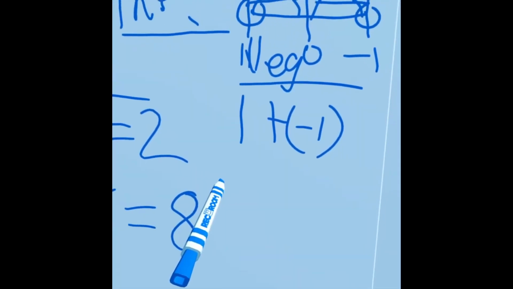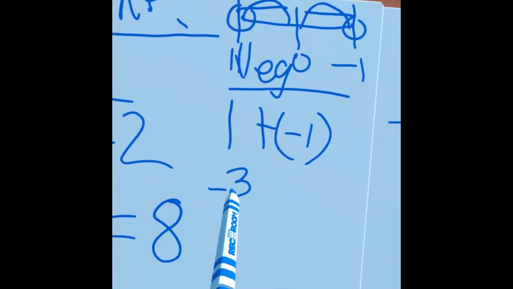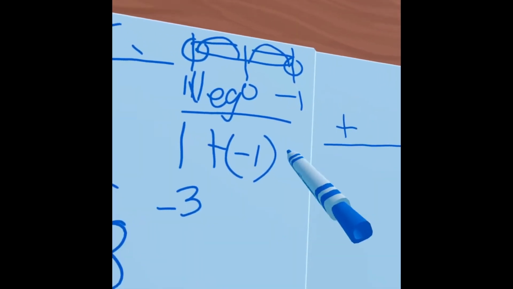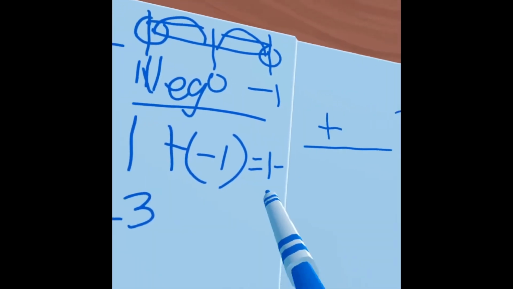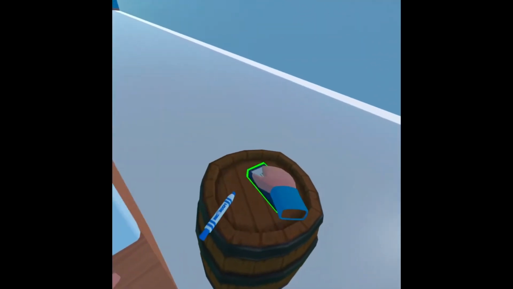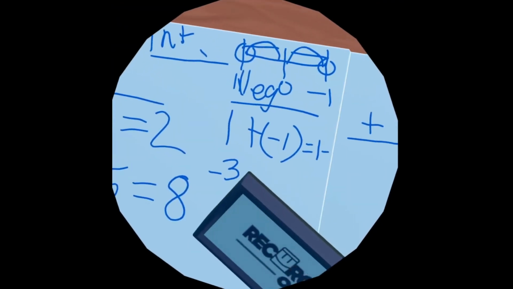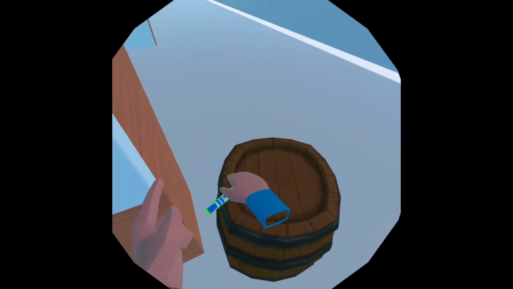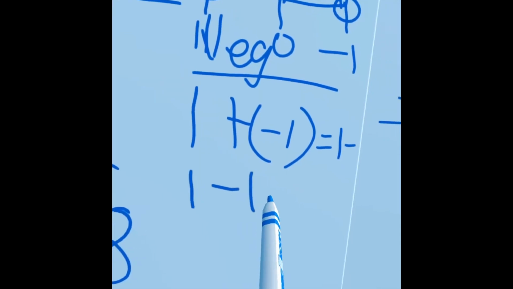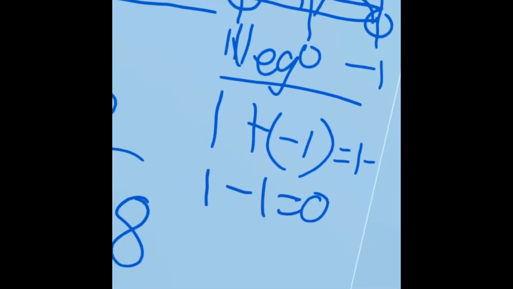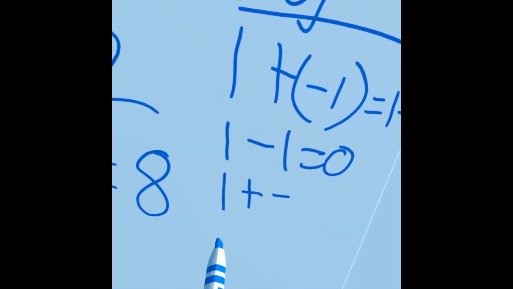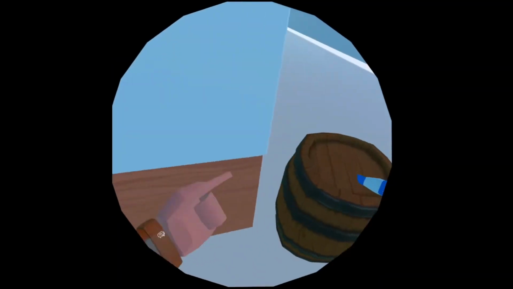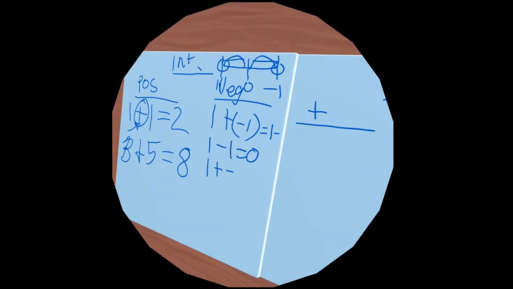So this is pretty much the same as saying 1 minus 1, equal to 0. So if it's a positive plus a negative, it's the same as subtraction. So that part, we get.